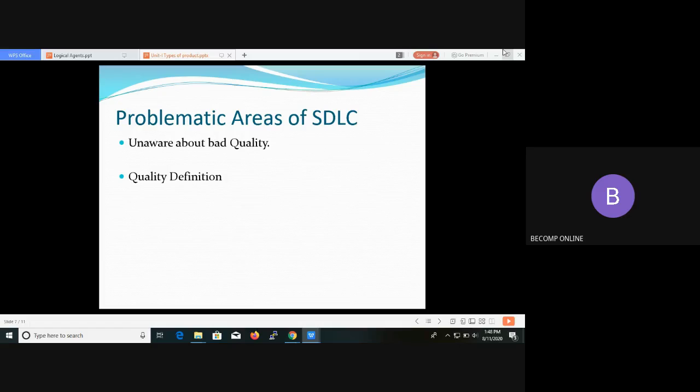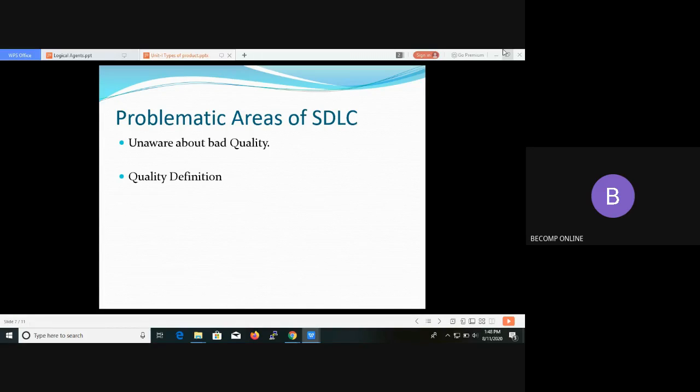The next two areas that we have found are being unaware of bad quality and the quality definitions. Unaware about the bad quality means what? As we said earlier, testing of all algorithms and conditions is impractical. So such areas remain untested and the software is delivered to the customer, and then used for a longer time.